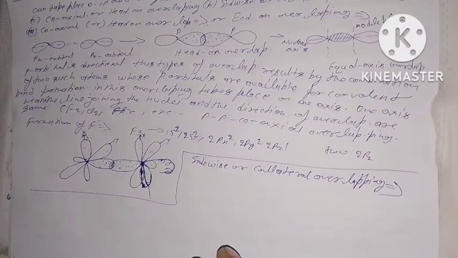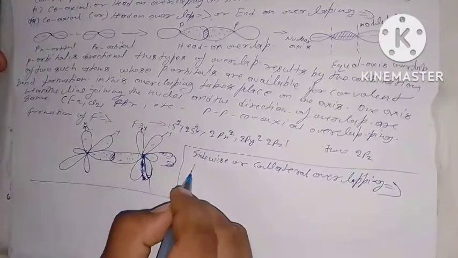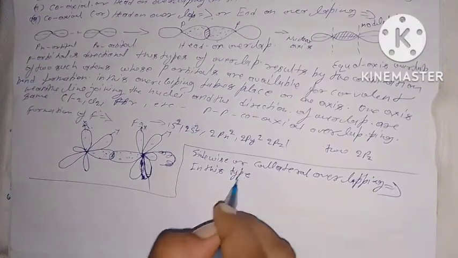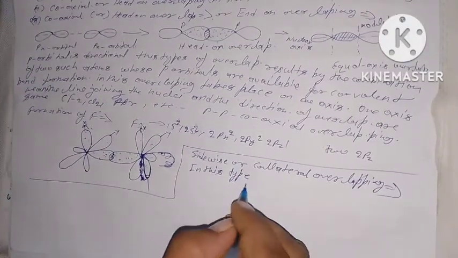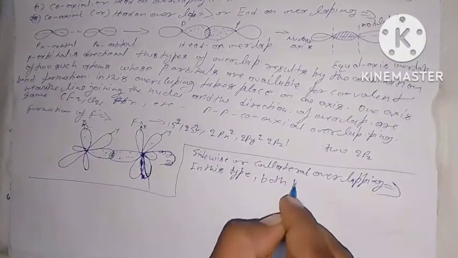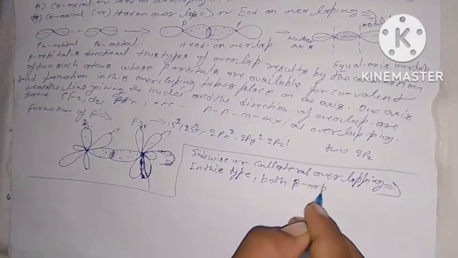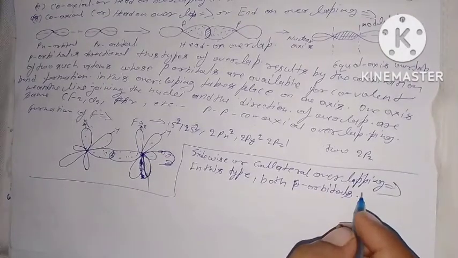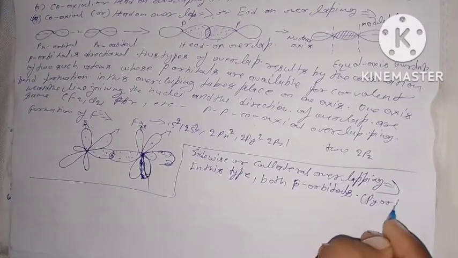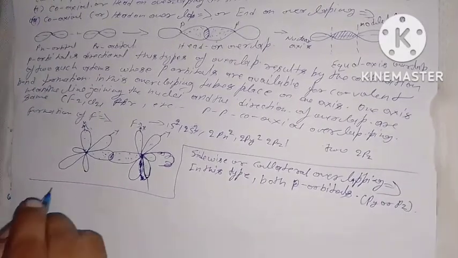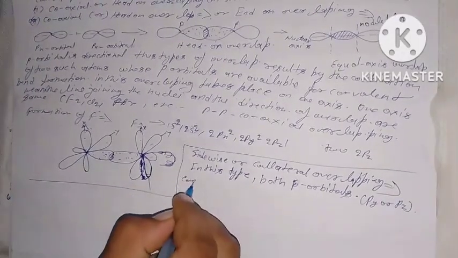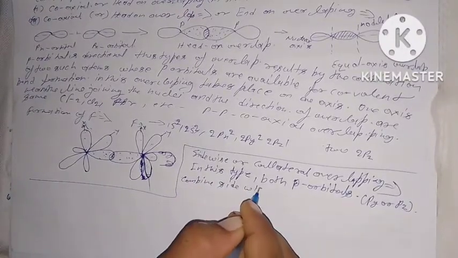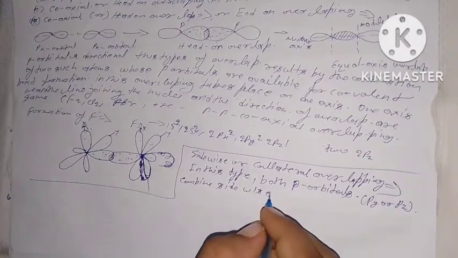In this type, both p orbitals, py or pz, combine sidewise or collaterally.